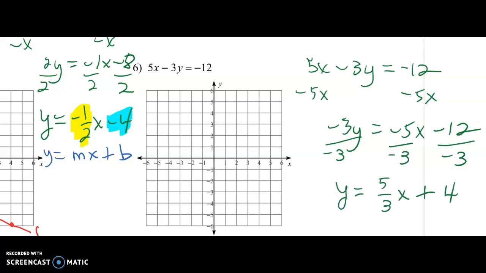As you can see, now that we have y isolated, we can identify our slope and our y-intercept.